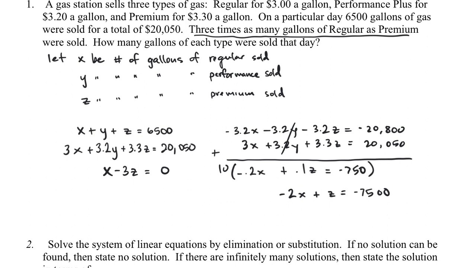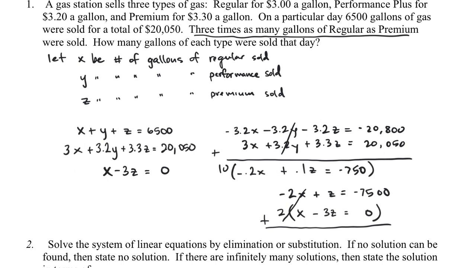Now I'm going to take this equation and combine it over here, and multiply it by 2. Cancel that.